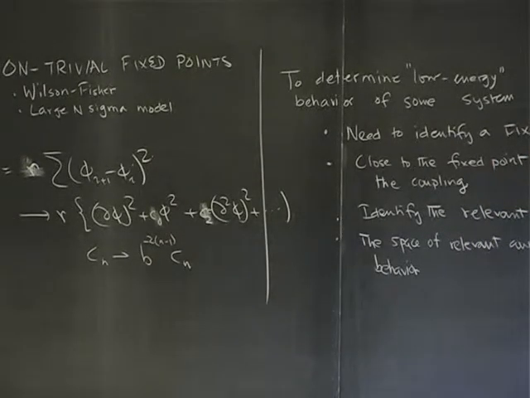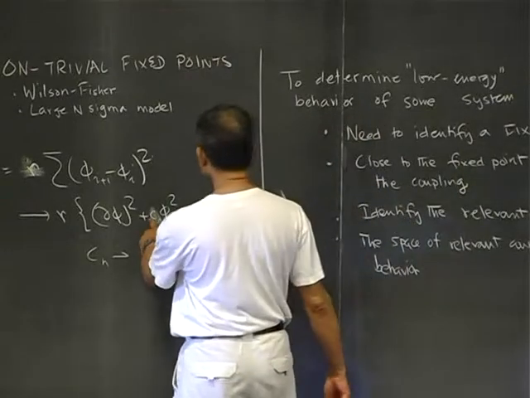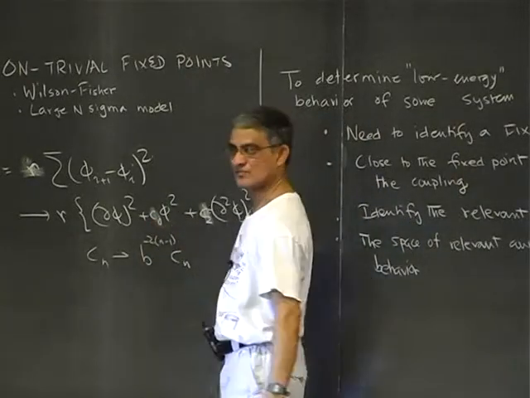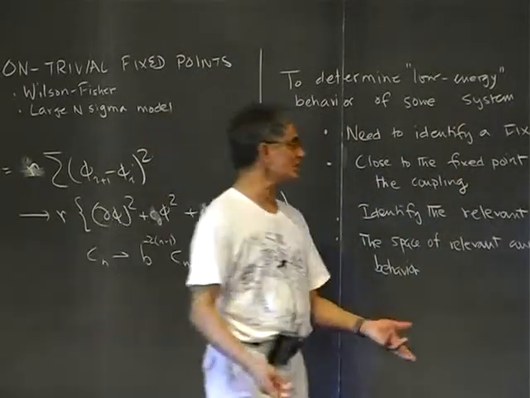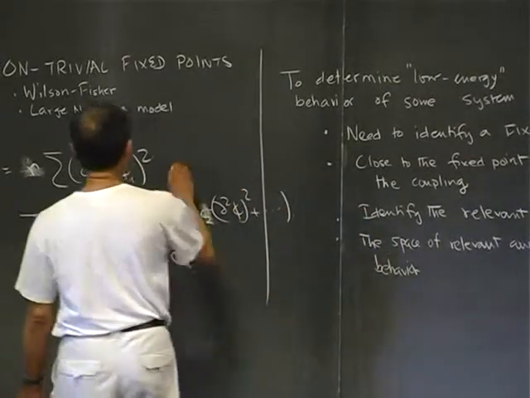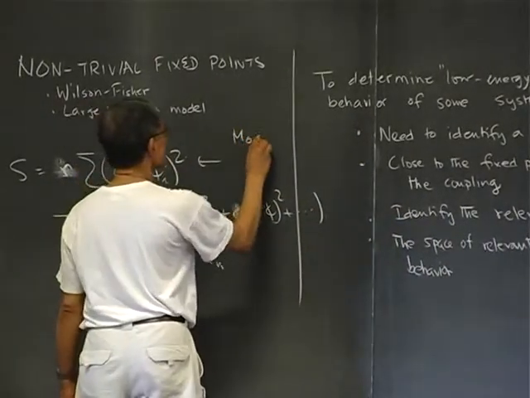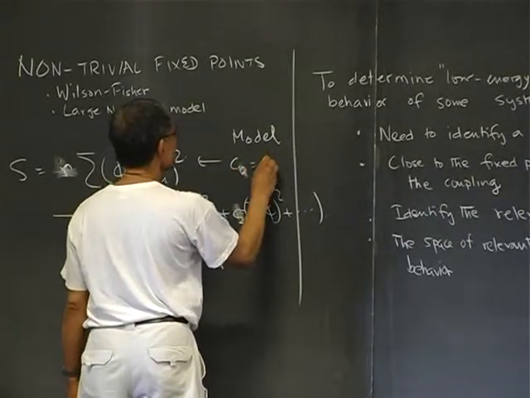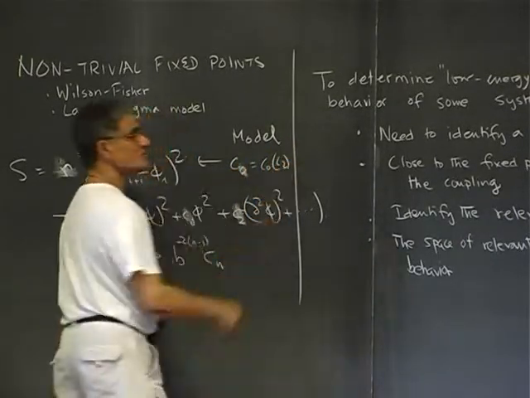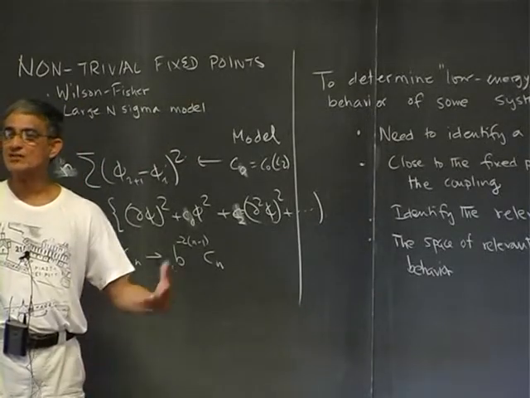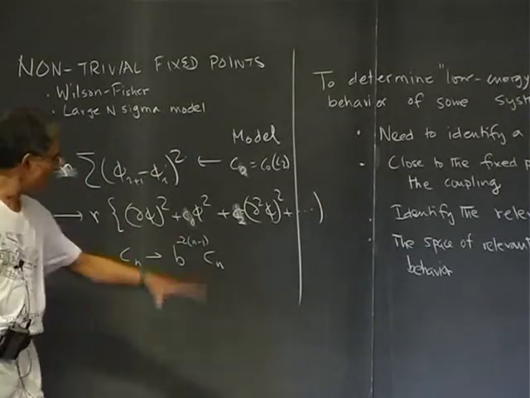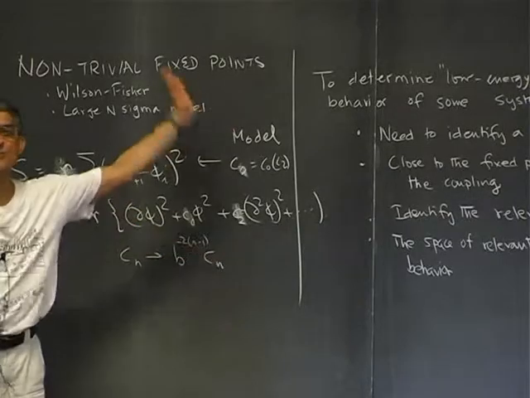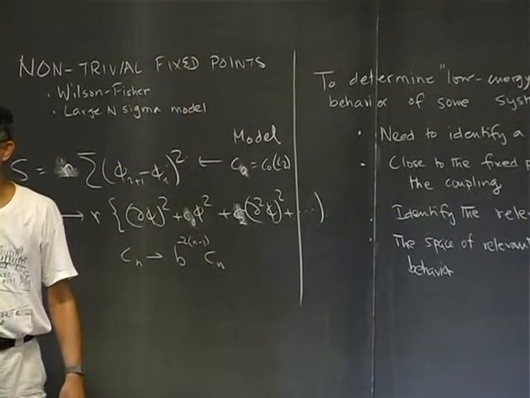Okay. So if I just take two of those, C0 and C2 have a certain relationship with each other. What I'll say is that this model determines a function, say C0 is some function of C2. There is a functional relationship between C0 and C2. In this particular case, it's just a proportionality with some number maybe.